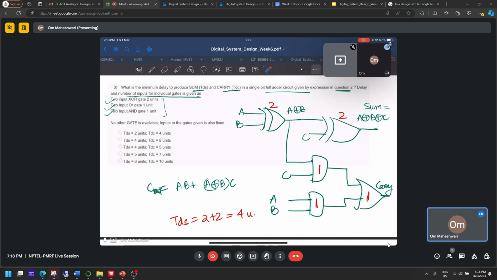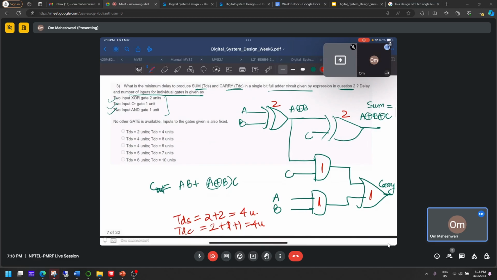Now in carry, if you see the largest part, 2, 1 and 1. This is also 4. 2 plus 2, 1 plus 1, that is 4 units. So your answer should be 4 and 4, but none of these options have 4 and 4. So these options are incorrect. Your answer should be TDS equals 4 units, TDC equals 4 units.